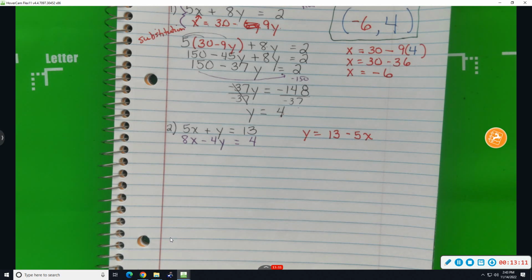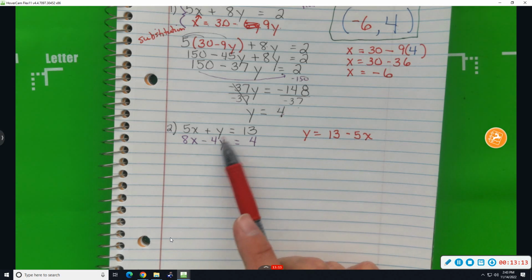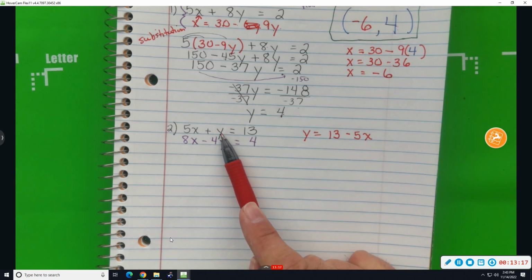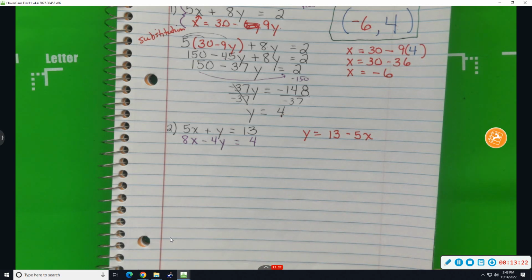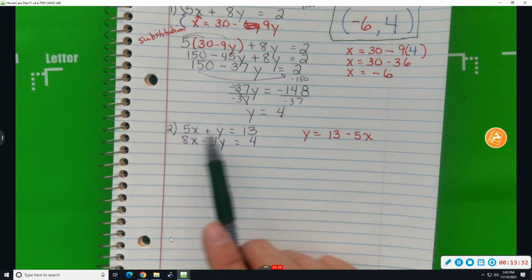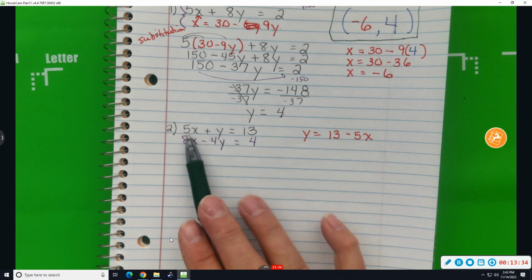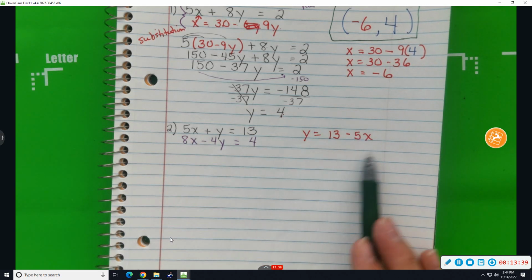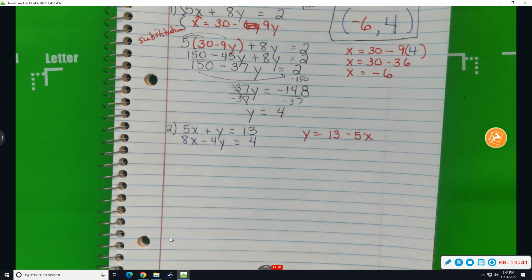You might ask yourself, what if there were a number in front of this y and you couldn't have isolated it easily? Then you wouldn't use substitution. You would use a different method. With substitution, you have to be able to easily isolate. You wouldn't want to isolate this x because you'd move the y and then you'd have to divide by 5. You sure wouldn't want fractions to be plugging in.